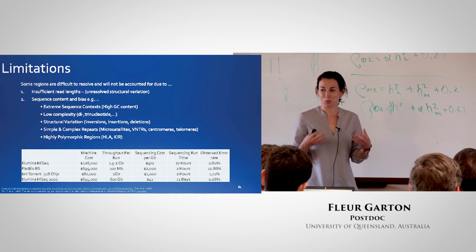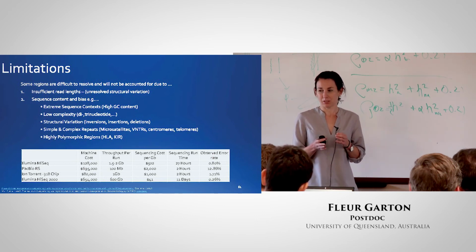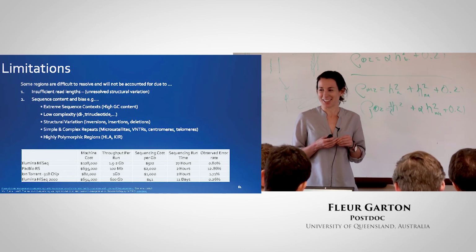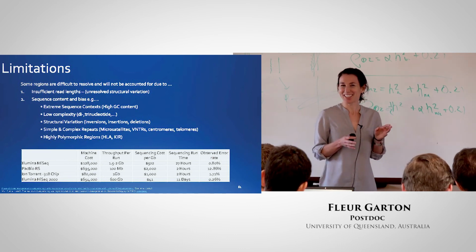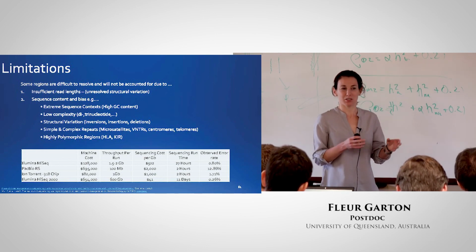So these are highly mutable sites. When we talk about tagging, we're talking about common sites, but sometimes you could tag it, but there's a lot of changes between individuals.